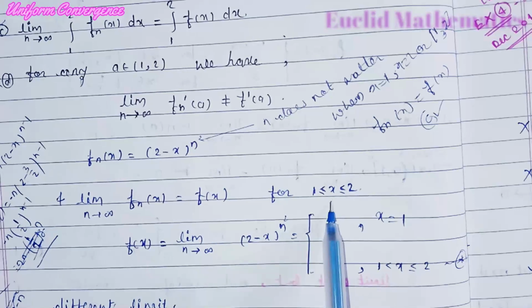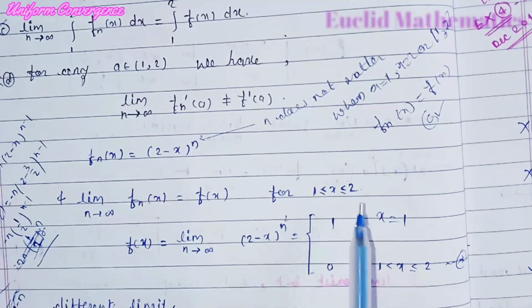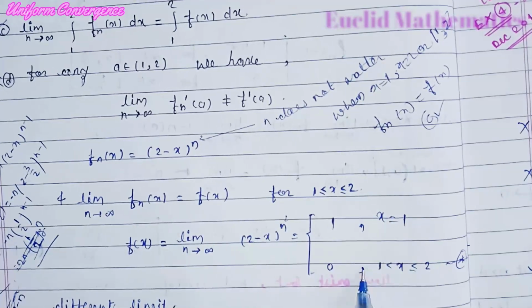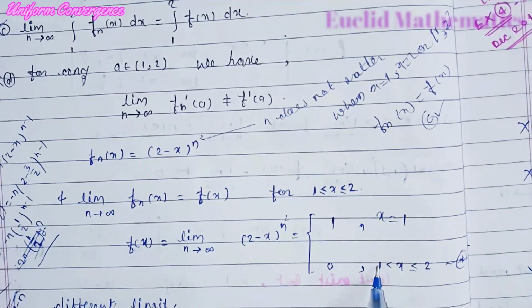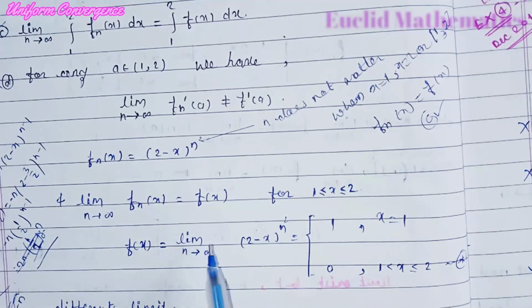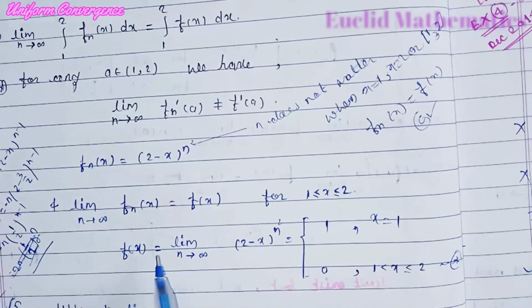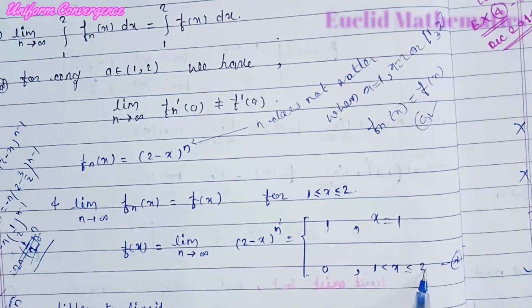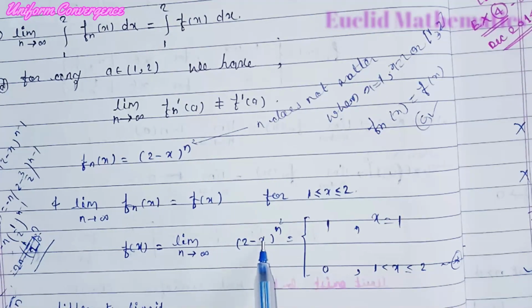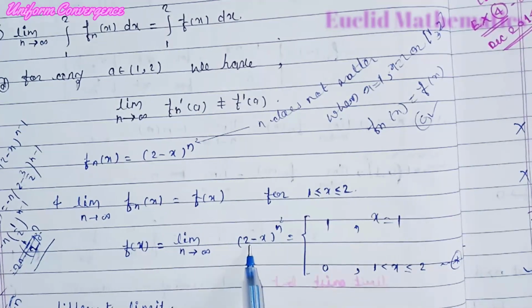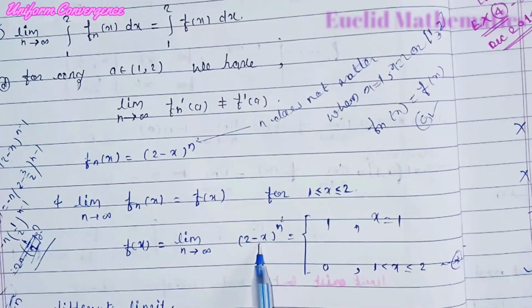Now let's go for x between 1 and 2 but not including 1, because we already found the value for x = 1. We have to check the remaining values other than 1 and see what our function gives us. f(x) is the limit as n tends to infinity of (2 - x)^n, with x between 1 and 2. When we subtract x from 2, we get a value smaller than 1.